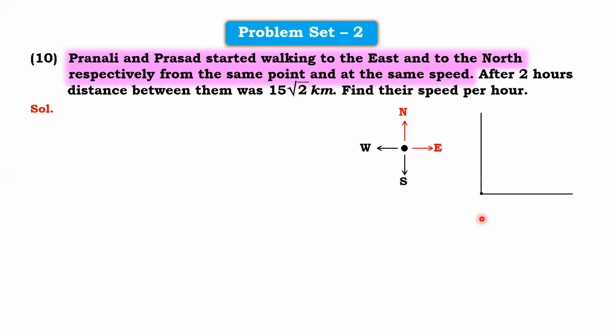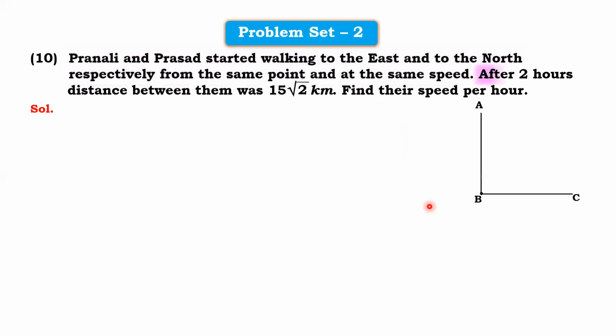We know that Pranali is walking to the east and Prasad is walking towards north, because the word respectively gives us an idea. Pranali first, Prasad second, east first, north second. So Pranali is walking east and Prasad is walking north. Got it?